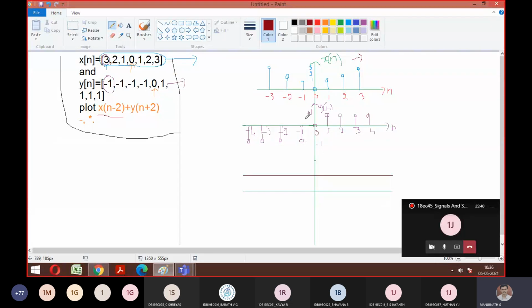So -3 will come at -1 as we said. So -1 is having amplitude of how much now? What should be the amplitude, guys? For -3, yes, 3. So 3 is the maximum. Then -2 will come towards 0 and it is having amplitude of 2. So 0 is 2. Then 1 is how much? 1, sir.